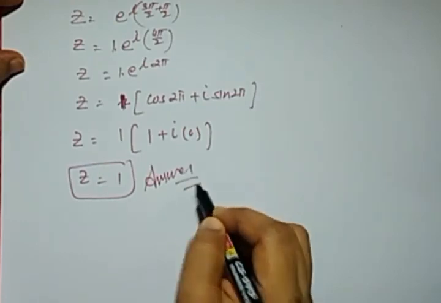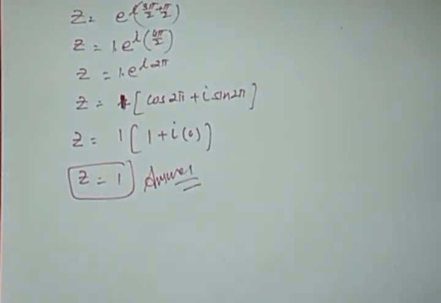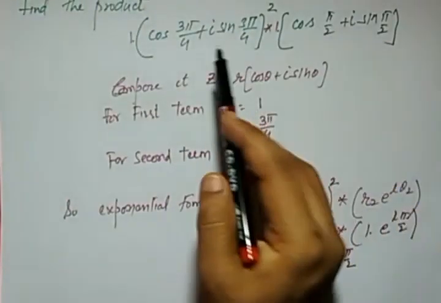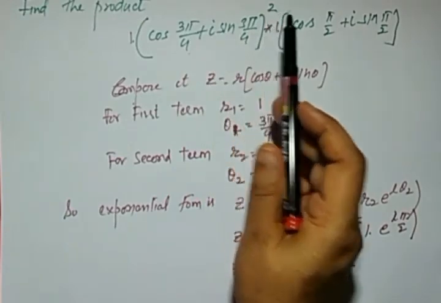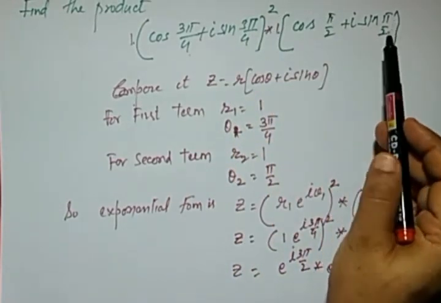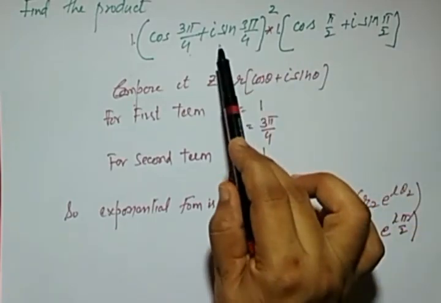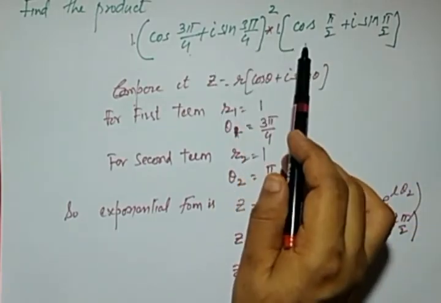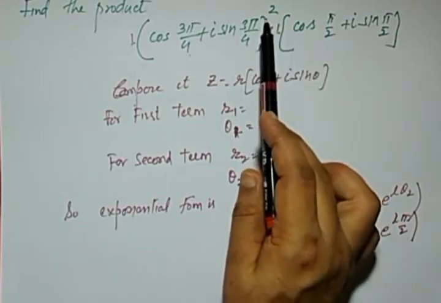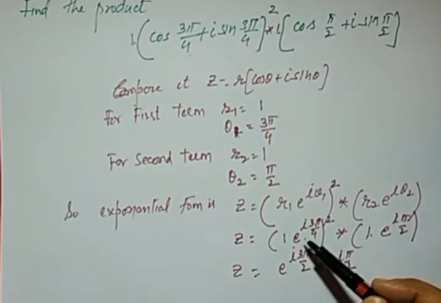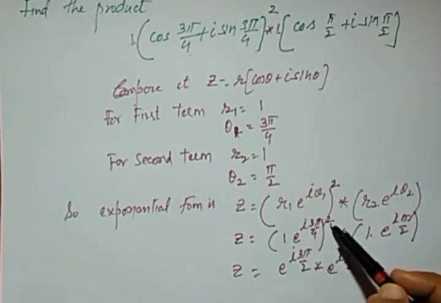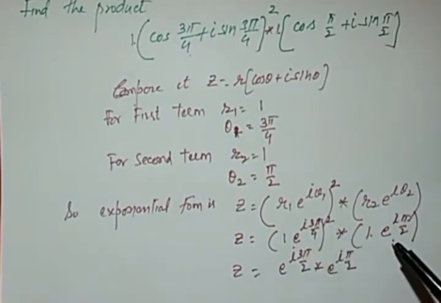The product will come out to be this. So the question has become very easy. How? With the use of this. If you have to multiply cos 3 pi by 4 plus i sin 3 pi by 4, squared, with cos pi by 2 plus i sin pi by 2, what we have done is expressed the terms first in the exponential form. If the power was given, then we have to raise it to the power. The first term comes out to be e raised to power i 3 pi by 4, power is 2. The second term comes out to be e raised to power i pi by 2.